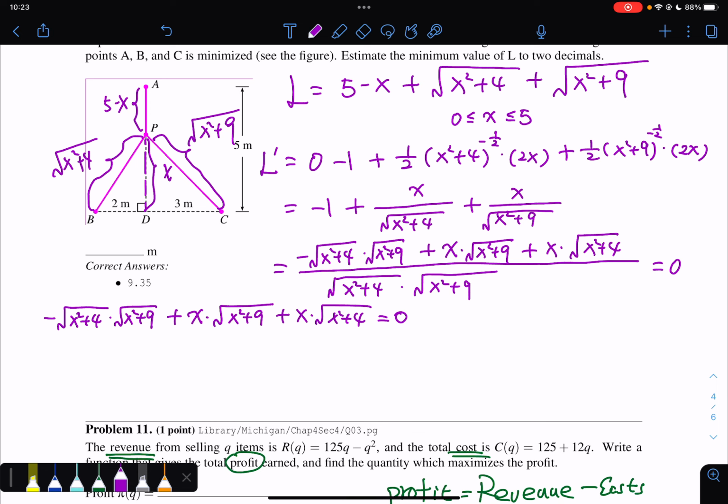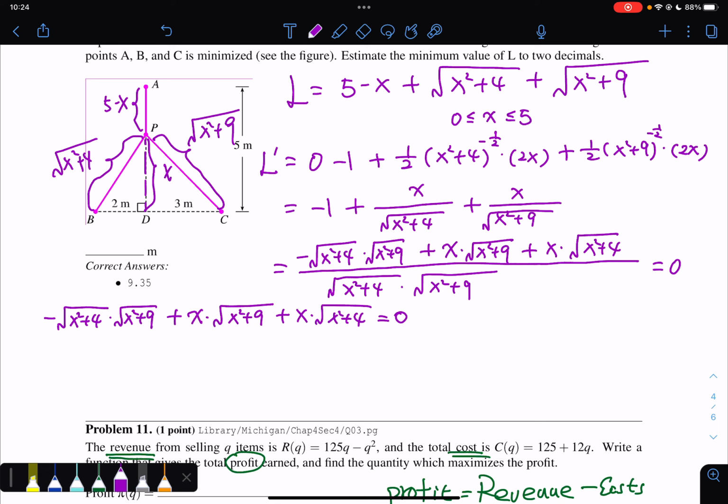Well, since they clearly want you to find the value with some kind of calculator, because they want you to find the minimum value of L to 2 decimal points, one thing we can do is type into Symbolab and ask it to solve for us. So let me try to type it on my computer and see how it works.